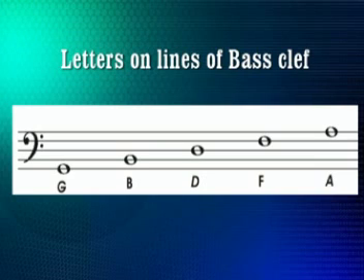Unlike the treble clef, the first line of bass we have G, second line we have B, third line we have D, the fourth line we have F, and the fifth line we have A. G, B, D, F, A. These letters have to be studied very well, because there are differences between the letterings on the treble clef and the bass clef. Note it, study it very well.